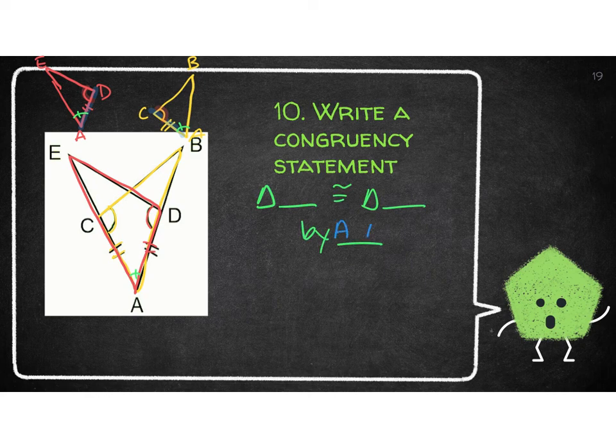We have our 2 angles, and then the side is in the middle. So for our triangles, to name them, A and A correspond. D and C correspond, which leaves us with E and B that correspond.